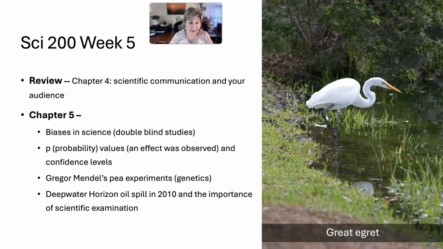There's all kinds of bias, including who funds the study, because whoever's funding expects a certain result, unless it is something like the federal government. The National Institutes of Health don't expect any particular result from the scientific research that you're doing. So you have to remove the bias if you possibly can.